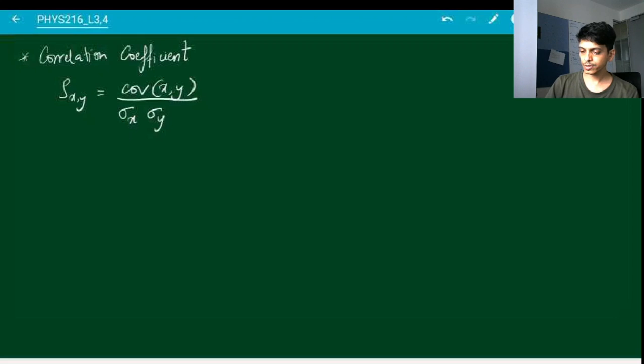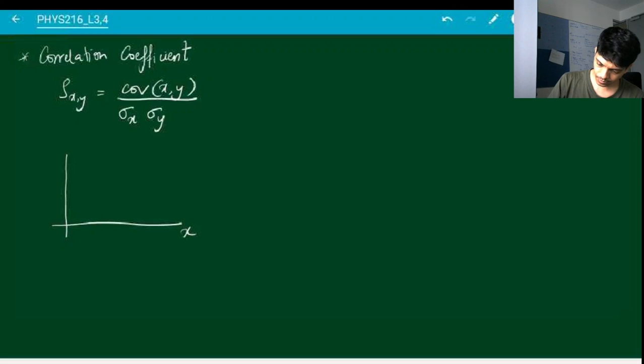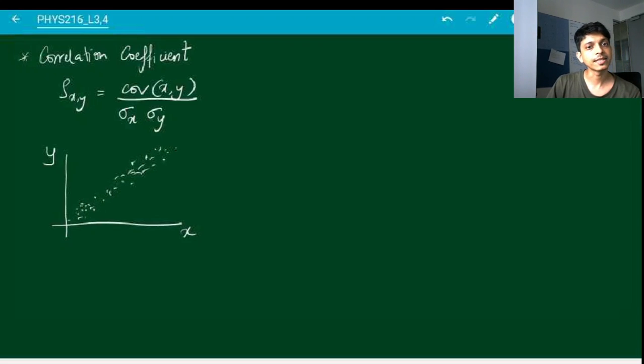What is the big deal about this? What does this denote? So suppose you have your two-dimensional space which has x and y, and you want to see how your points are distributed. Now if your points are distributed like this, so clearly there seems to be some relation between x and y.